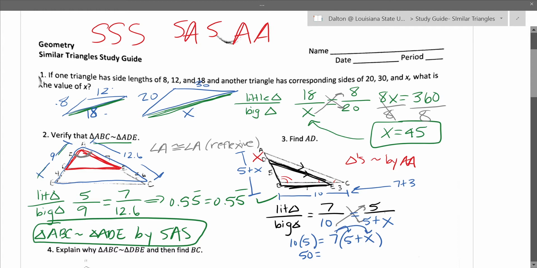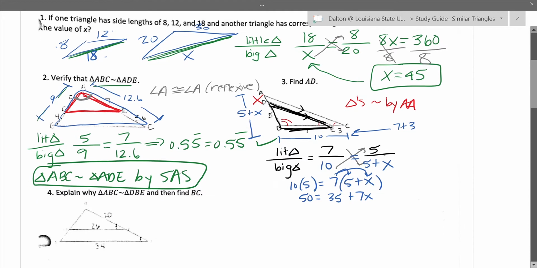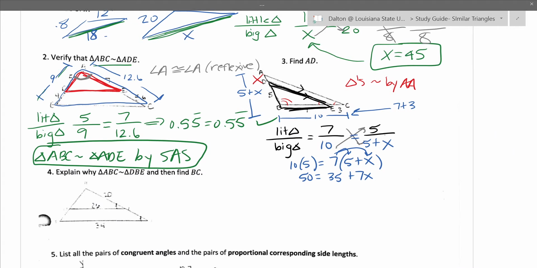So 7 times 5 is 35 plus 7x. Okay, and then if I'm continuing to try to get x alone, I'm going to subtract 35 from both sides. So 50 minus 35 is 15 is equal to 7x. And then if I divide both sides by 7, I'm going to get x is equal to 15 over 7.